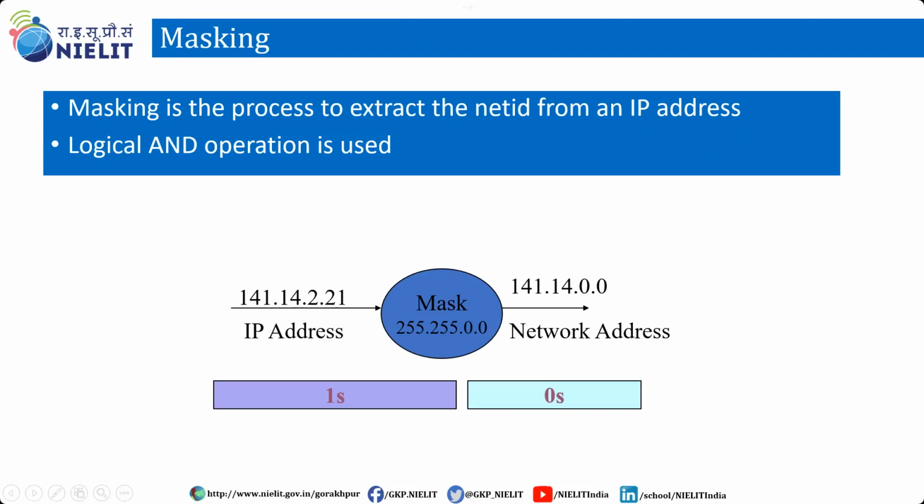Suppose this is the IP address 141.14.2.21, and with the help of this subnet mask in the background, we can perform some AND operation. So what we will get is network address 141.14.0.0. तो जहाँ पे 0.0 पोर्शन है, 2.21 पोर्शन को 0 कर देंगे, ऑटोमेटिकली वो नेटवर्क एड्रेस हो जाएगा. And 2.21 will indicate the particular host IP address, host ID.